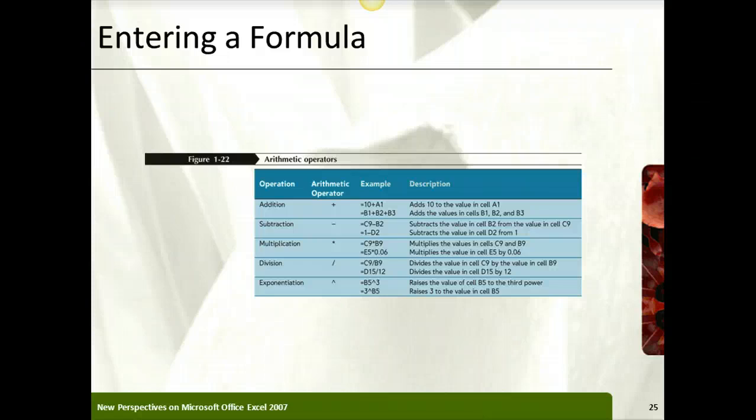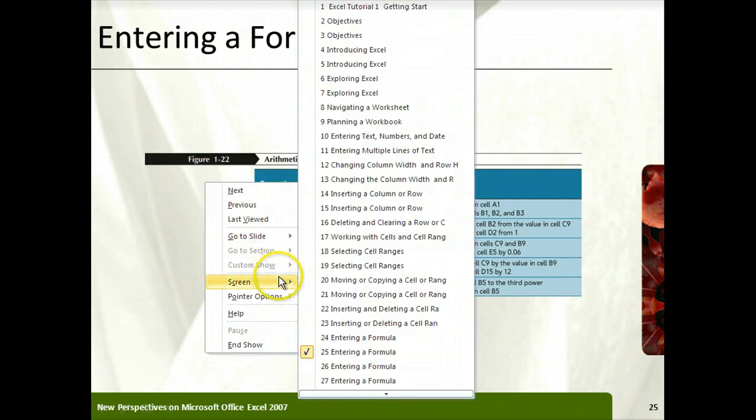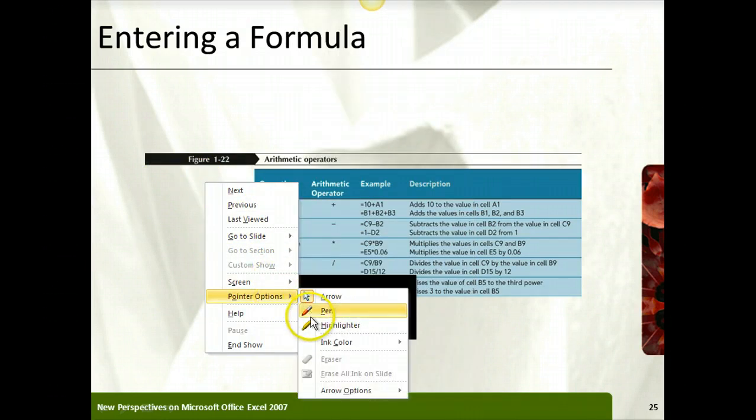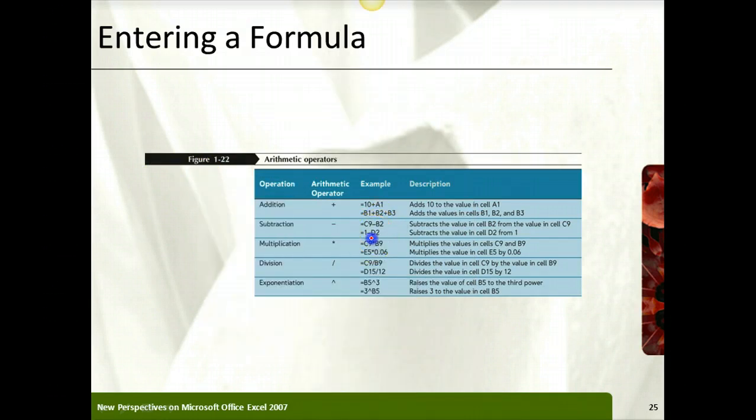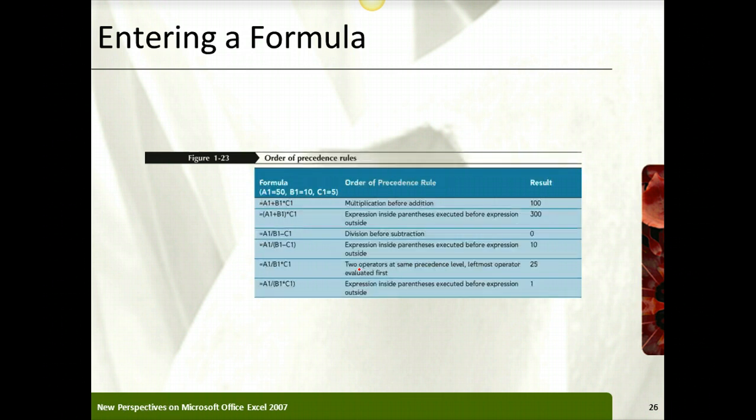Just remember, when you're doing a formula, the equal symbol is what you have to remember to put in first in the formula. Equal symbol, then the actual formula. So here we have equal symbol, A1 plus B1 times C1.